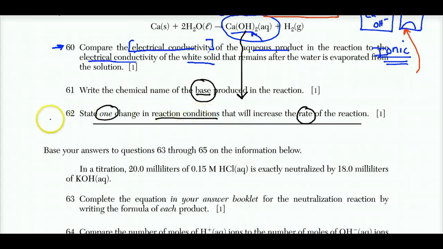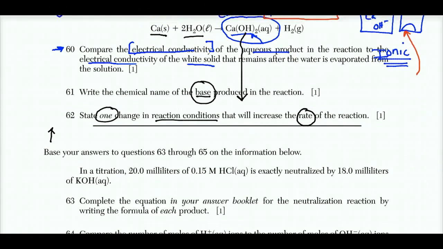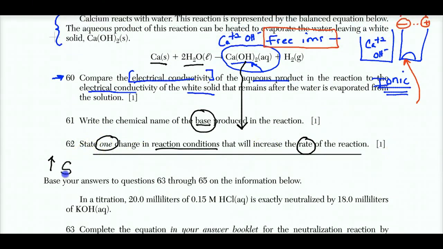So you can actually pick probably any of the following types of factors that affect reaction conditions. You could increase the concentration, okay? Now, we can't really increase the concentration here because this is a solid and this is pure water. But we could somehow increase the number of available atoms to make effective collisions here. One way we can do that is we probably could increase the surface area.